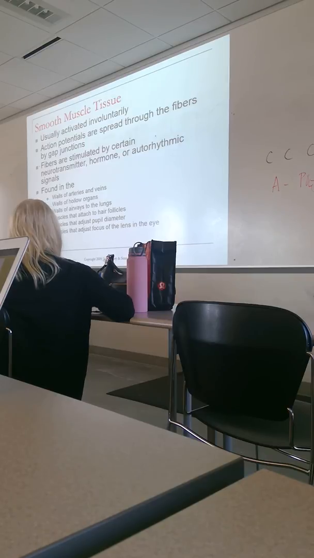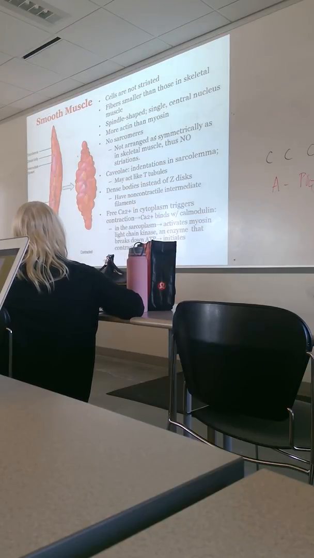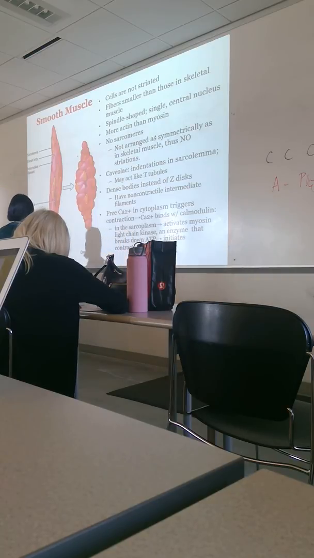Now we go to smooth muscle. Where do you find smooth muscle? You should know. Why is it called smooth? Because you don't see striations under the microscope. Does it also contract? Sliding filament? Everything we studied applies here, except that with smooth muscle, the actin and the myosin are not arranged regularly.